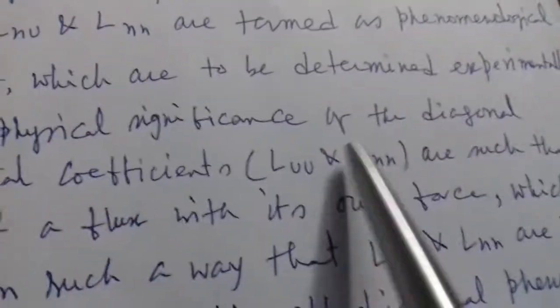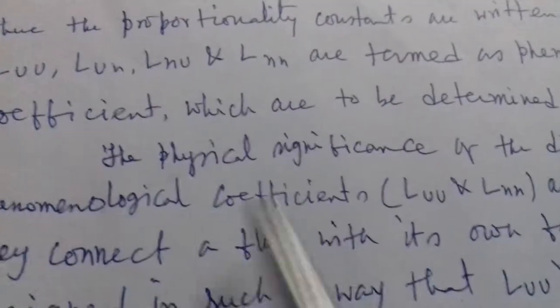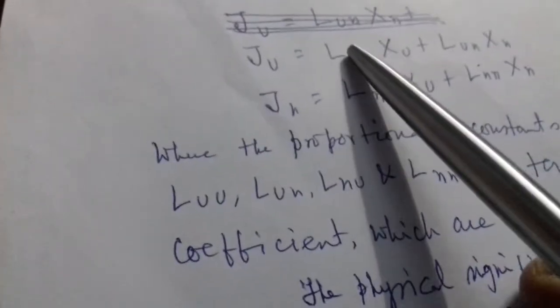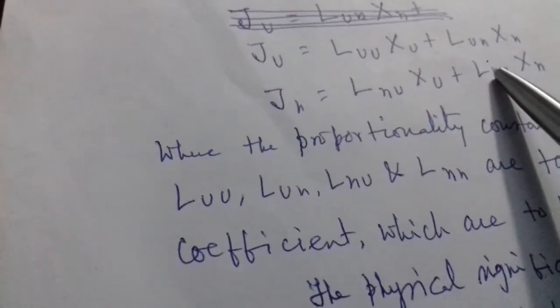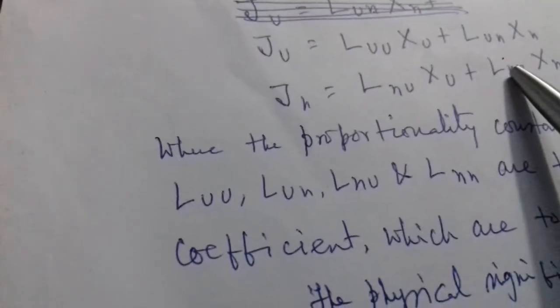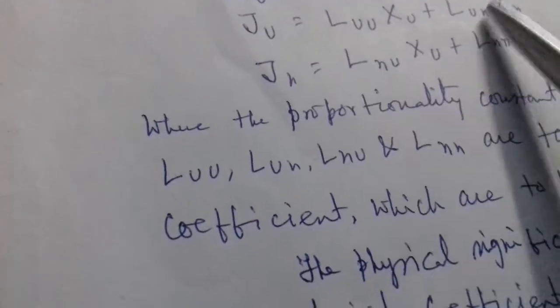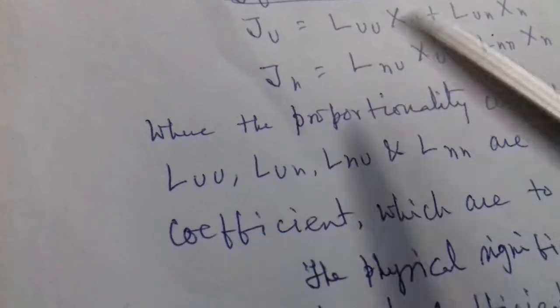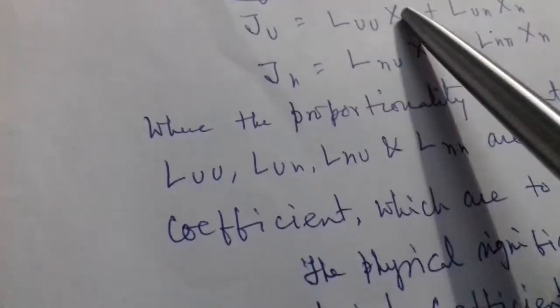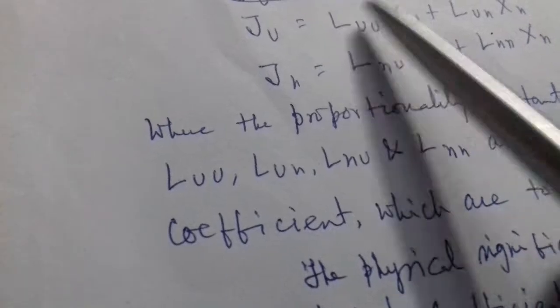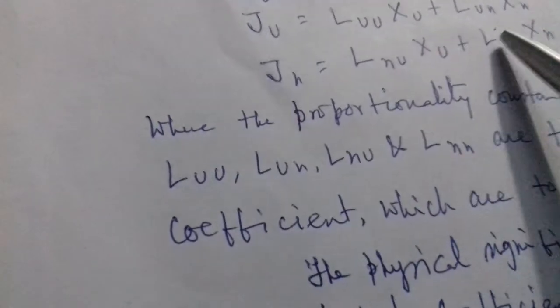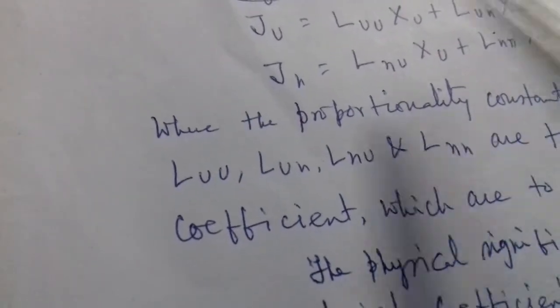So the physical significance of the diagonal phenomenological coefficients, that means the coefficient which connects a flux with its own force. So these Luu and Lnn are the diagonal phenomenological coefficients, and Lun and Lnu are off diagonal phenomenological coefficients, because this one connects Xu with Ju, and once again this one connects Xn with Jn.